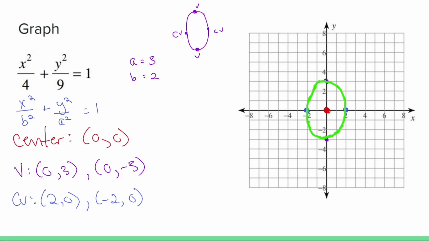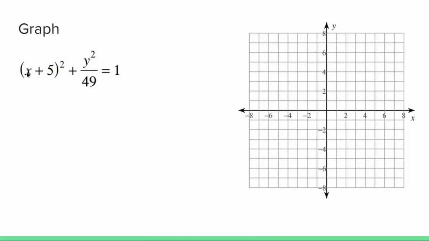Not too bad. Graph this ellipse x plus 5 squared plus y squared over 49 equals 1. Well, I'm going to rewrite this to make it look friendlier. This is going to be x plus 5 squared over 1 plus y minus 0 squared over 49 equals 1.